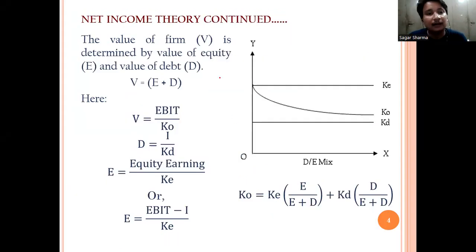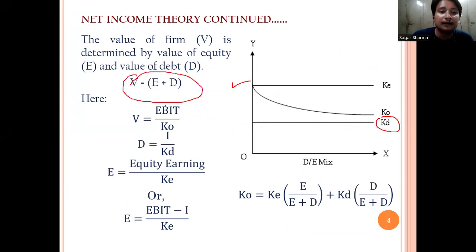Now you can see how this theory works. I have already told you this diagram. When you will increase the debt proportion, it will reduce your overall cost of capital. You can see value of firm is calculated by the value of equity as well as value of debt.